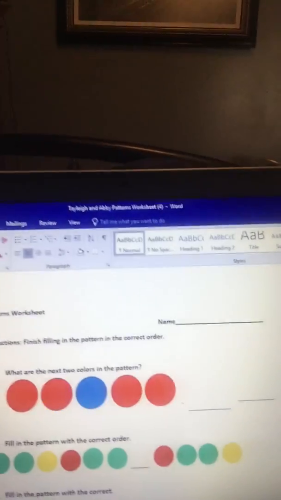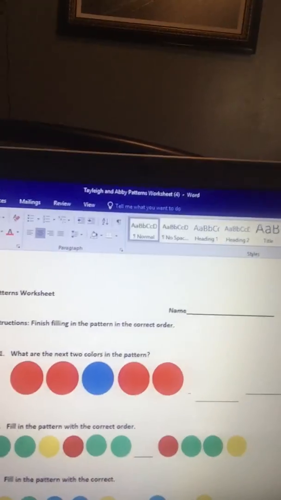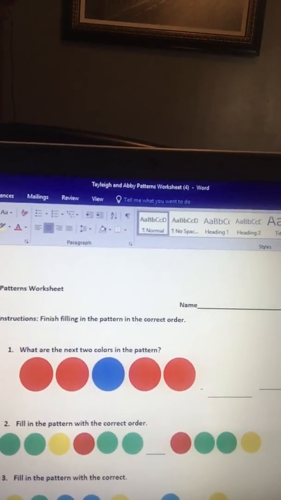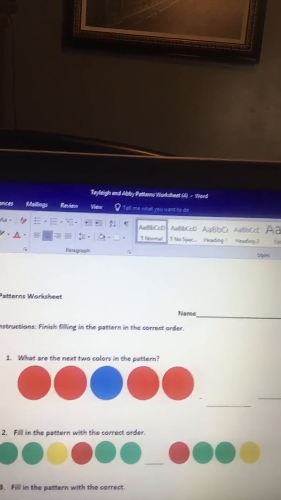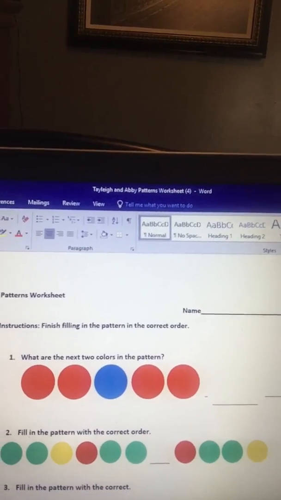Since you weren't in class and we couldn't do it in our groups with each other, when you come back, I will have you complete a patterns worksheet. We actually went over the first one in class, so I will show you that as well right now. Here is the patterns worksheet that we are going to give you, and the pattern was red, red, blue, red, red.